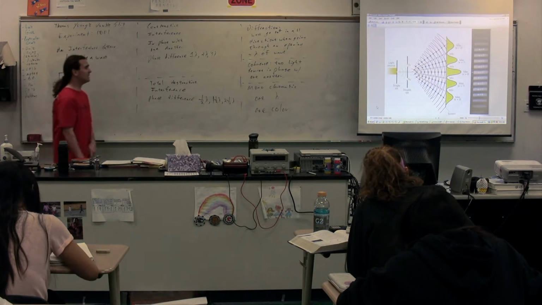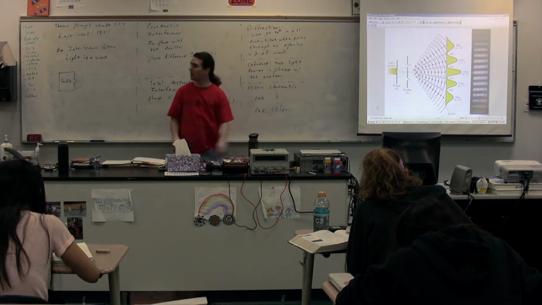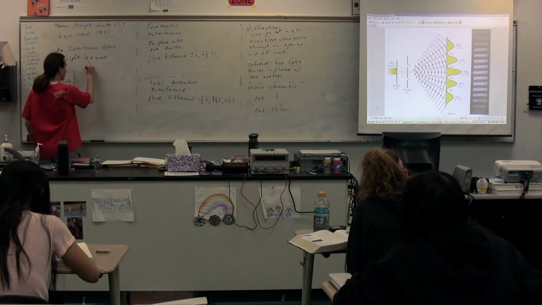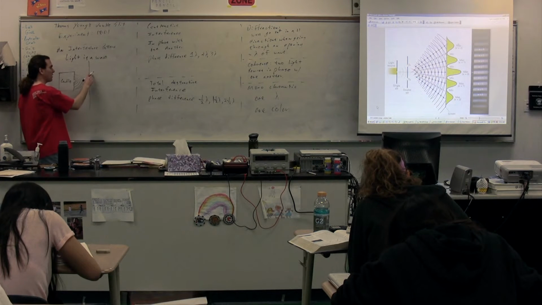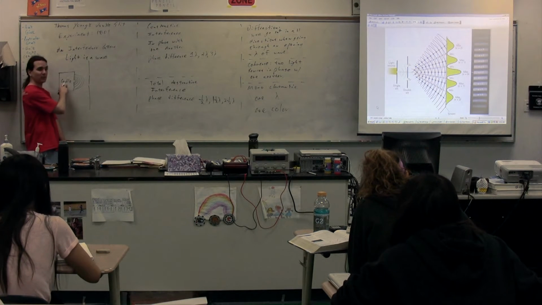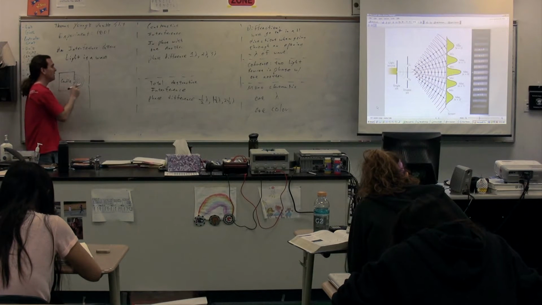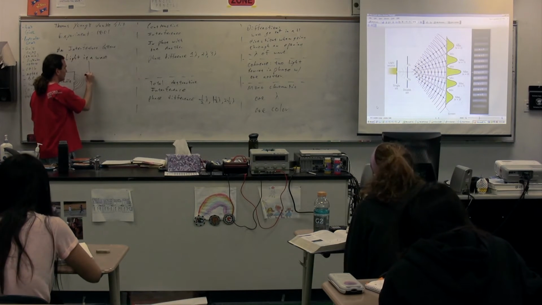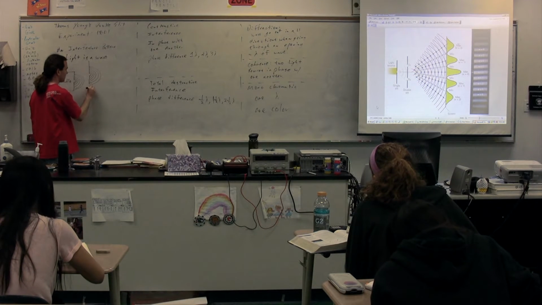Now, he needed two coherent light sources. So he then put the double slit in front of here, and this creates two coherent light sources because they both come from the candle. They're both in phase with one another because they both originate from the candle. And therefore, we get two light sources that are in phase with one another.